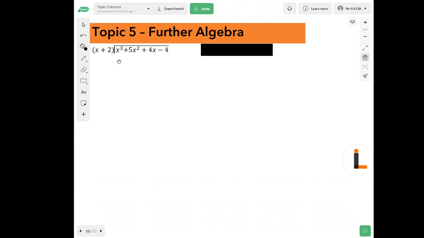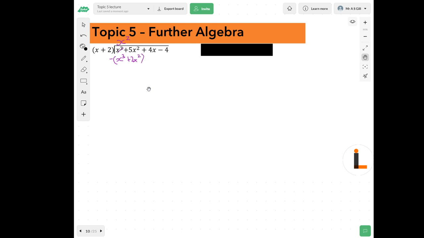Or really, actually, the question we want to ask is, what would we have to multiply this expression, the x plus 2, by to make it look similar to this? If we multiply x plus 2 by x squared, this is then going to become minus x cubed plus 2x squared.